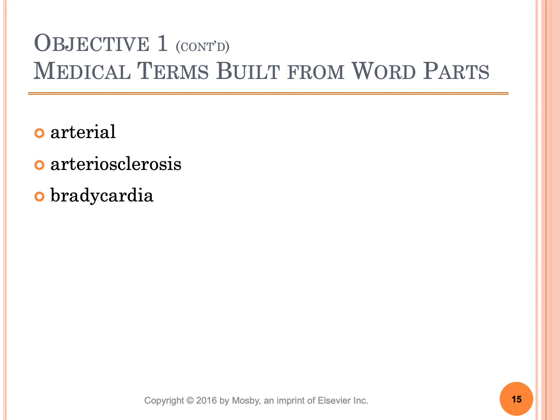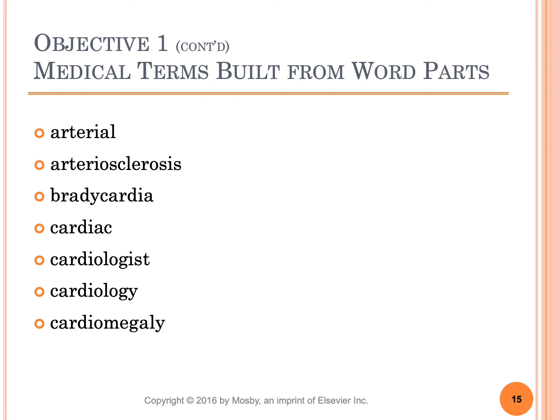Remember, I gave the example of bradycardia. Bradycardia is when we have a slow heart rate. And cardiac is the term that we use to say pertaining to the heart. The cardiologist is a physician who studies and treats diseases of the heart, and cardiology is that study of the diseases of the heart.